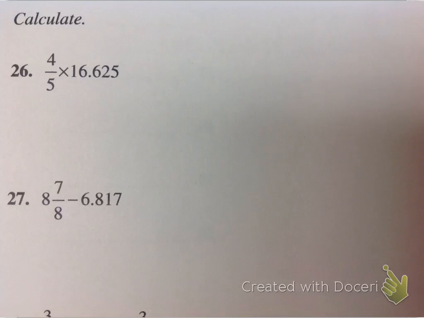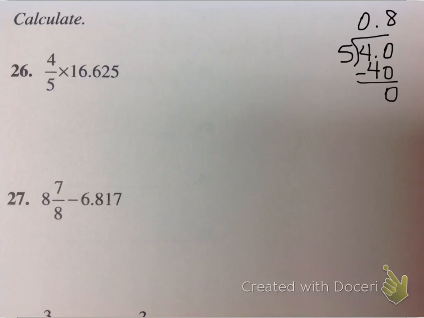So I'm going to come over here off to the side and divide 4 divided by 5. I already know I'm going to need a decimal with at least 1 0 behind it. So I'm bringing my decimal up into my answer. 5 goes into 4 0 times. 5 goes into 40 an even number of 8 times.